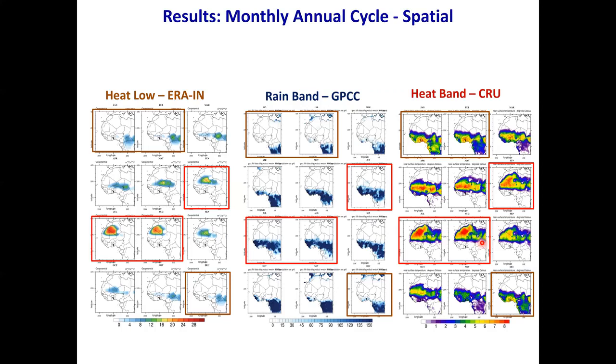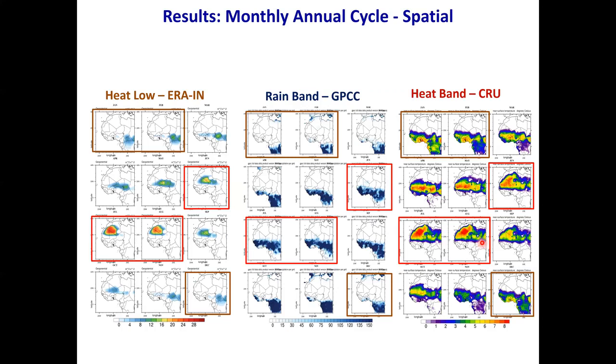So after doing this, I wanted to look at how the models are reproducing or representing these features. So I present to you the first one, that is the West African heat low.